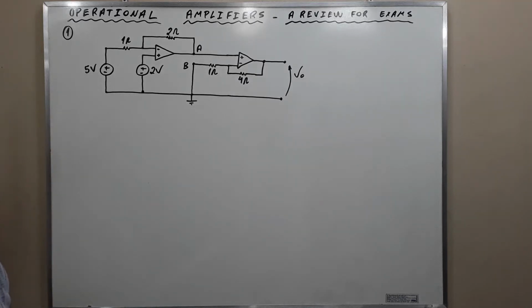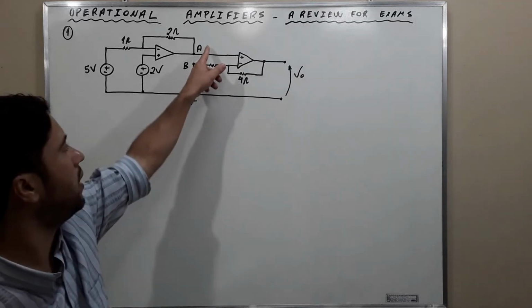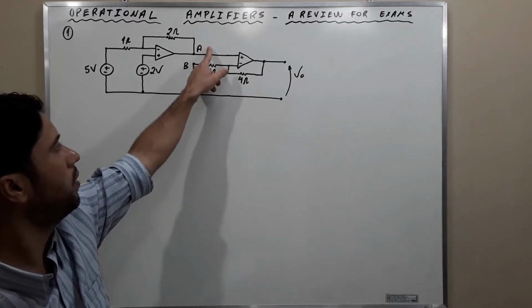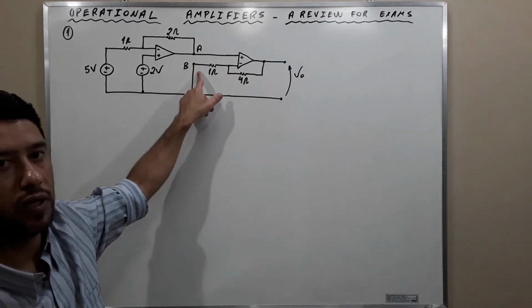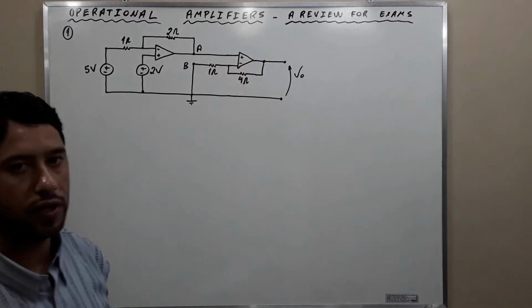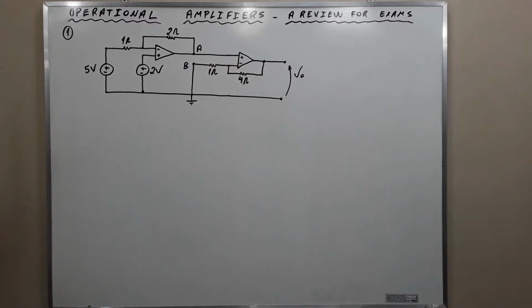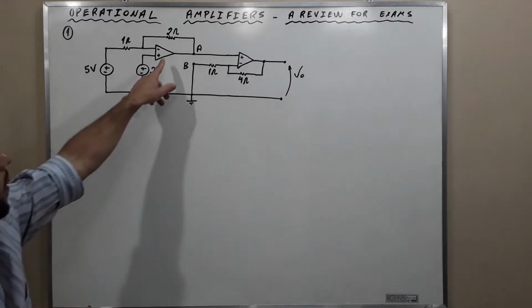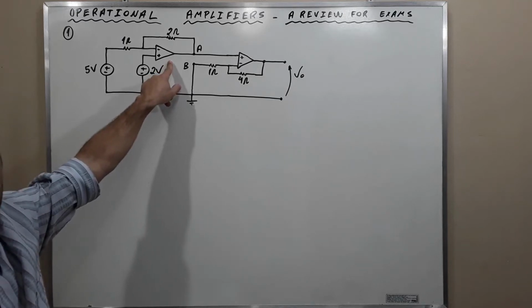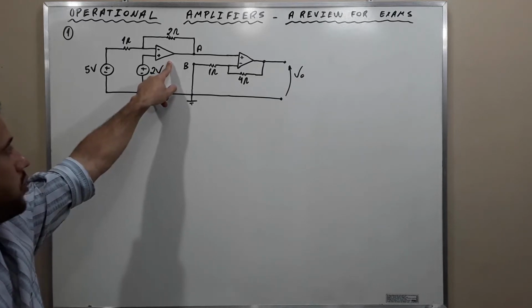The voltage between points A and B can be found by applying superposition in the first op amp. Let's consider the first op amp first.